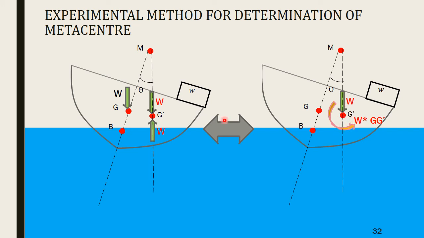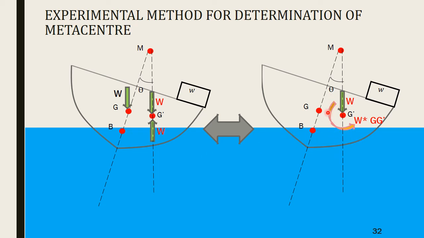Now this has happened because the capital W over here and the capital W in the upward direction have created a couple equal to W into GG dash. This happens when a force has to be shifted to another point that is not along its line of action. This has been studied in first year engineering mechanics, and this is just a result of that.